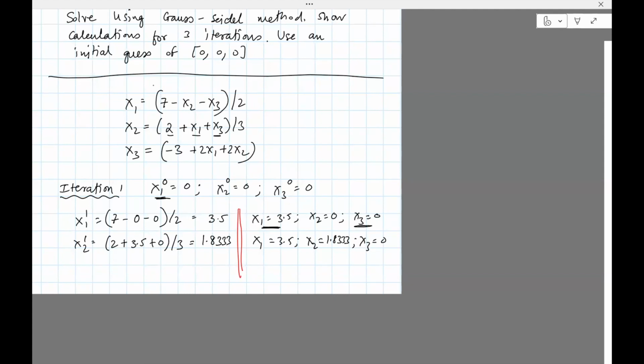x3 is still 0. So now we'll update x3 iteration 1. So go by the formula, minus 3 plus twice x1, but x1 is 3.5, plus 2 times x2. This is the new x2, 1.8333.